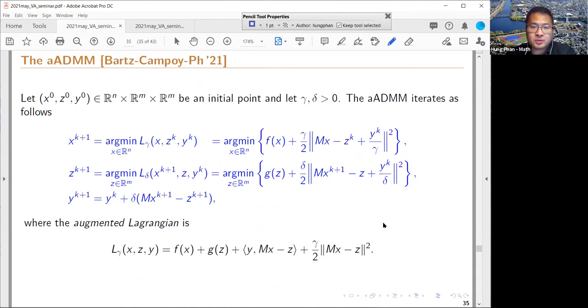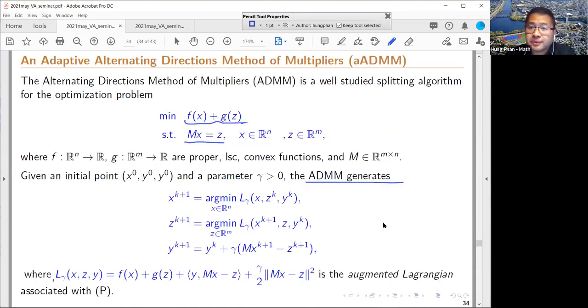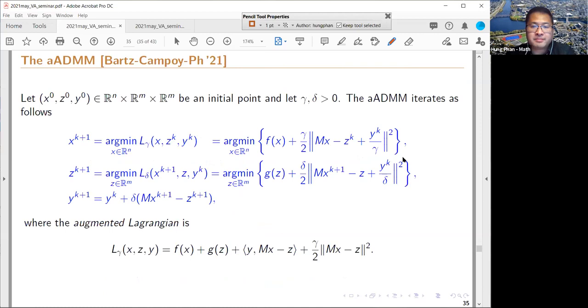I need to emphasize here that you can see the parameter gamma appears in both relations, the same gamma. In the adaptive ADMM, we modify these two parameters: one is gamma and one is delta. And for these two, we will make a connection to the Douglas-Rachford algorithms.